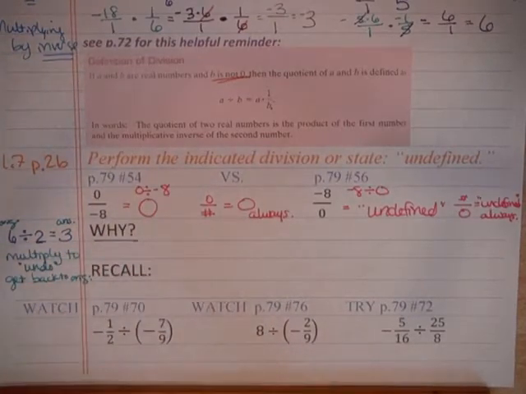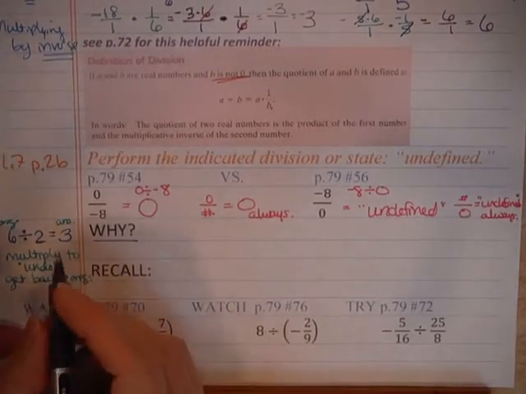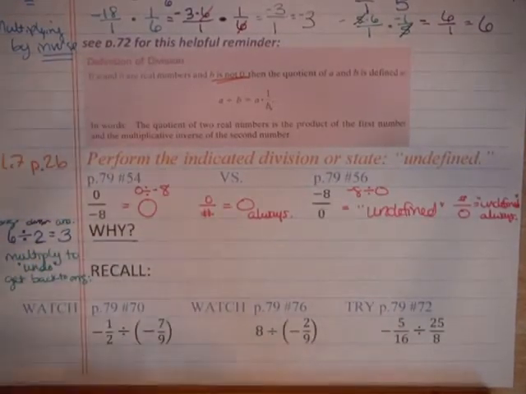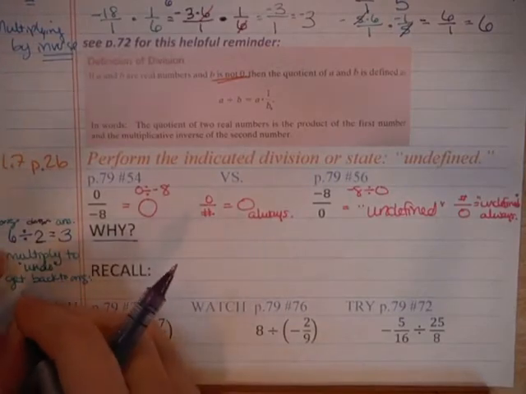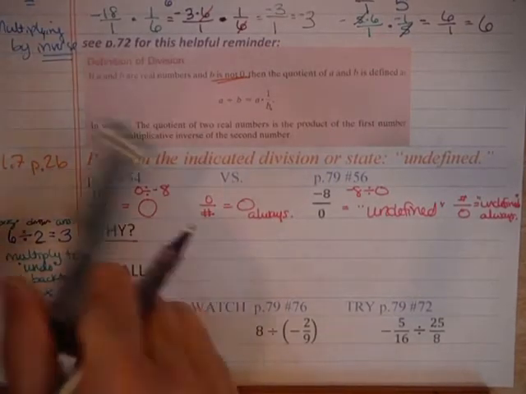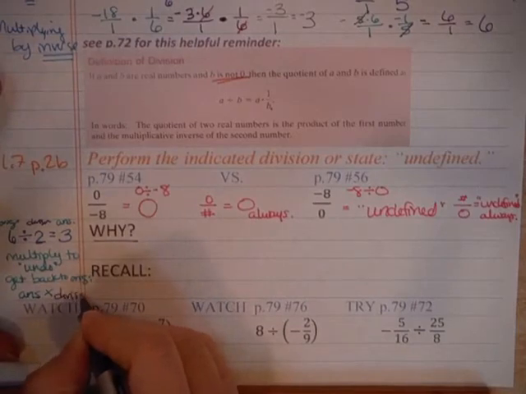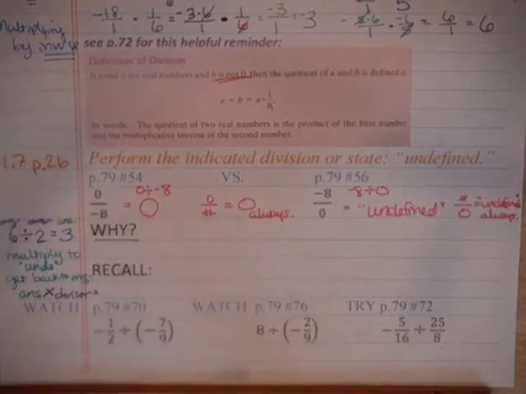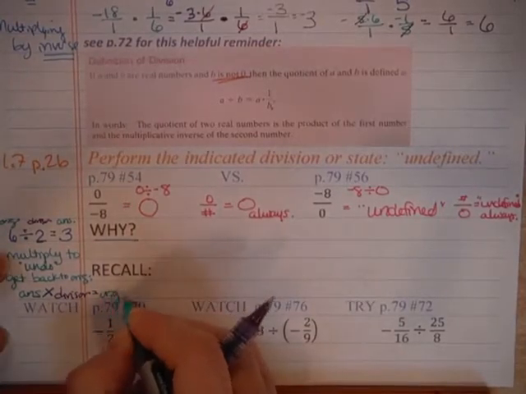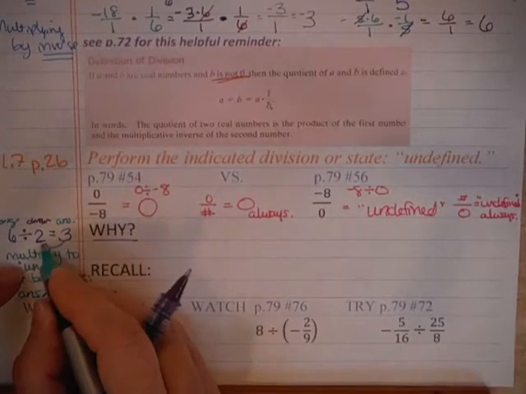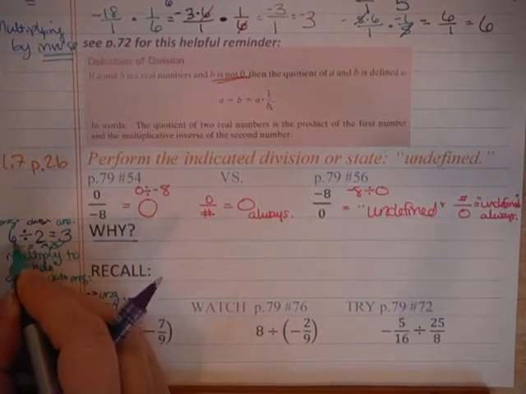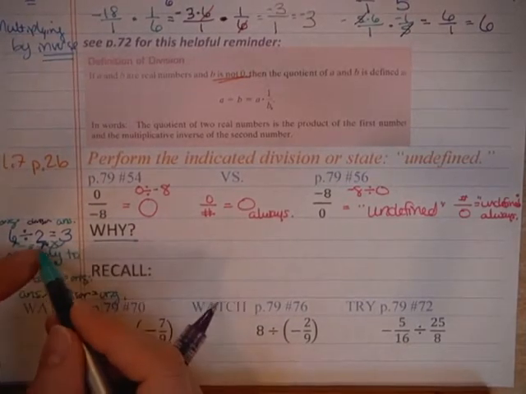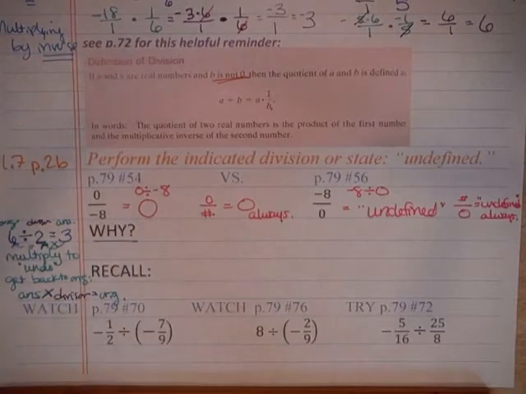So if we want to see if we can get back to the original, you take your answer times your divisor, and that would equal your original number. In this case, 3 times 2 would equal 6. 3 times 2 would give you back to 6. 6 divided by 2 is 3. 3 times that divisor equals our original number, 6.